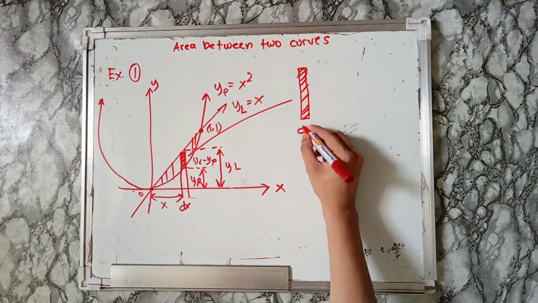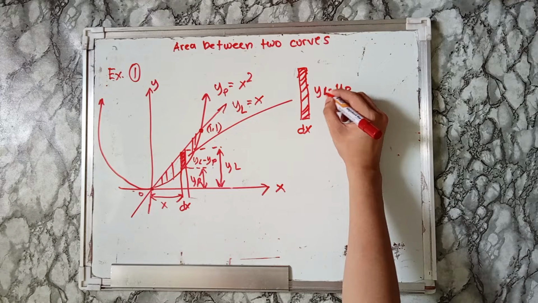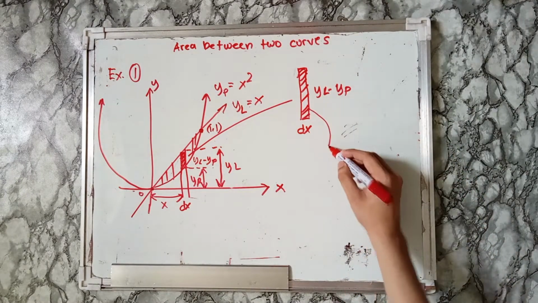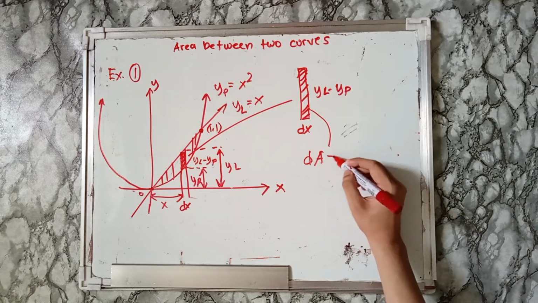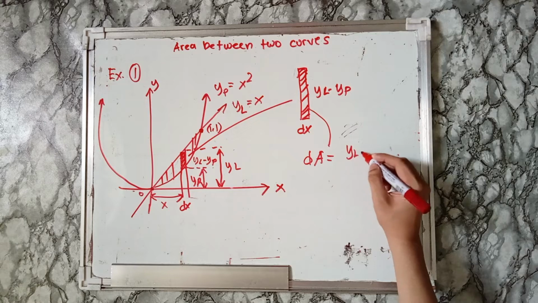So this is just dx and YL minus YP, right? Now if we take the differential area, this is just YL minus YP.